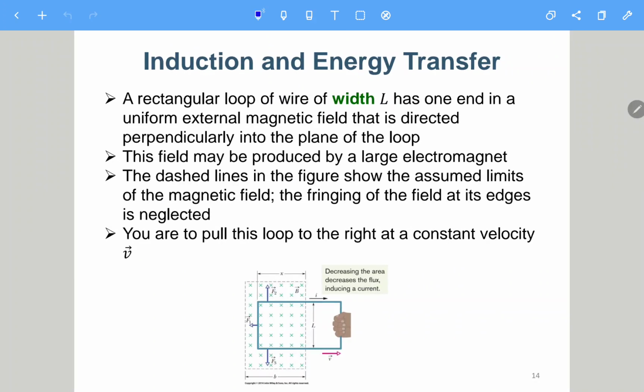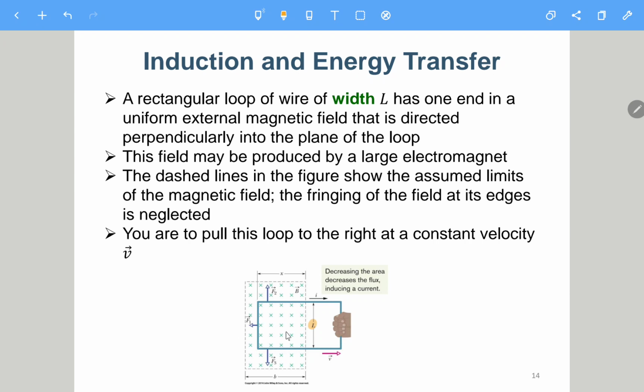So here we talk about induction and energy transfer. It says a rectangular loop of wire of width L, and we can see this is the width.